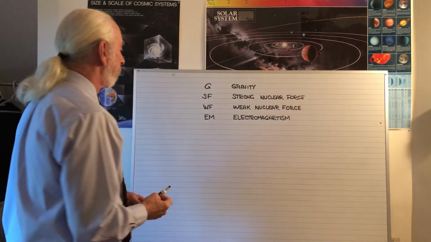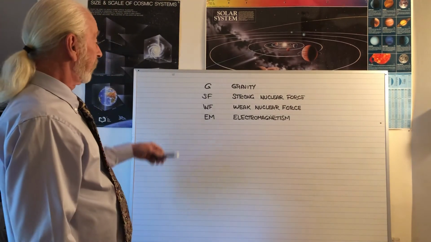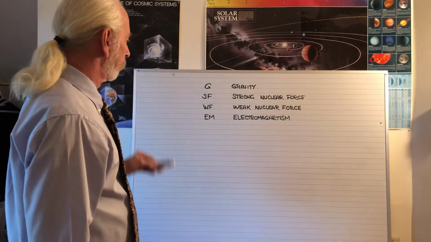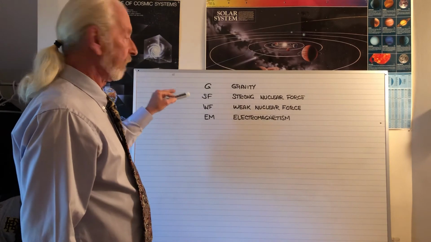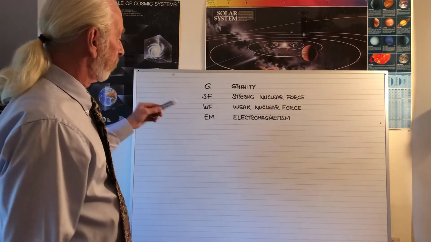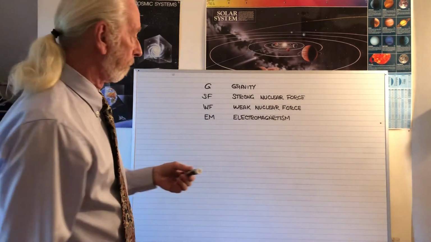All right. So gravity we've talked about, and we're going to talk about extensively. Gravity, believe it or not, is the weakest of the four forces. The strong nuclear force is the force that holds atoms together. That kind of makes sense. The weak nuclear force is the force that is associated with radioactivity or radioactive decay.